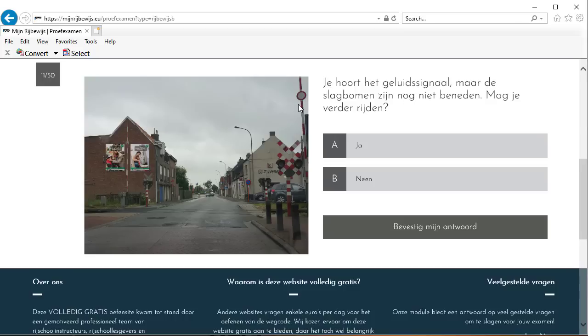Are you allowed to ride further? Option A is yes, option B is no. The right answer is no. When you hear the bells or when you see the lights, you should stop. You should not cross the level crossing. That's an offense.